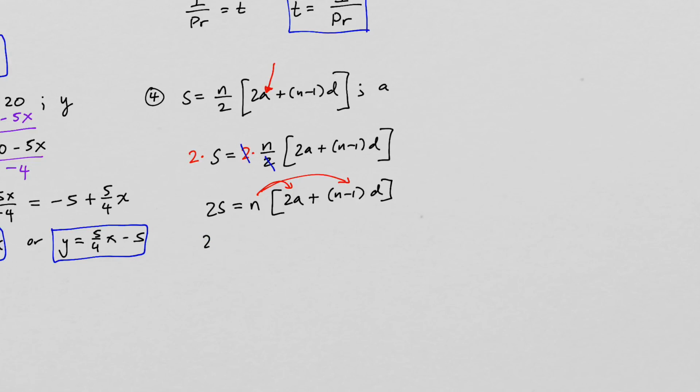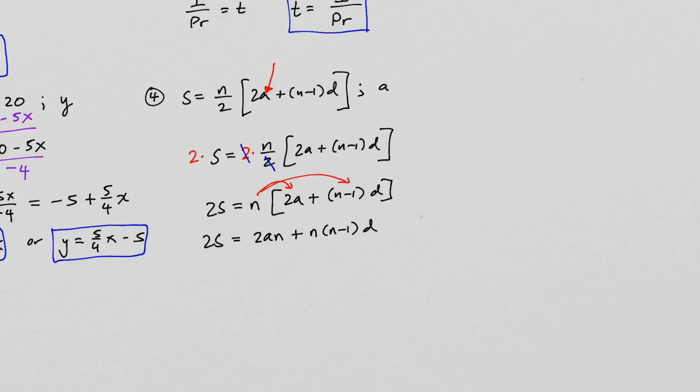And so that gives us 2s equals n times 2a, which is 2an, plus, and then n times n minus 1 times d. So still no fractions, that's good. And we got rid of one of our sets of parentheses.